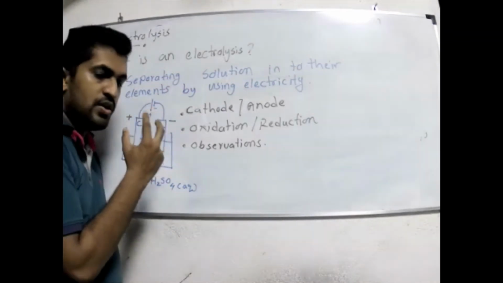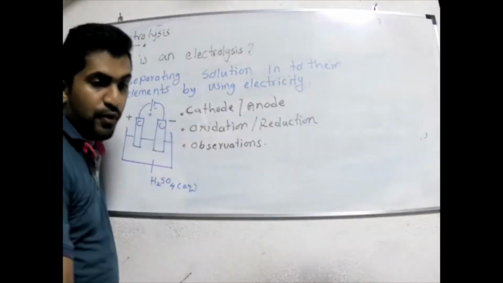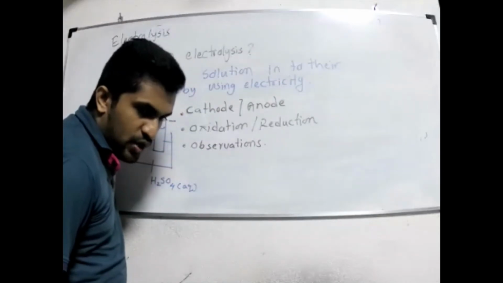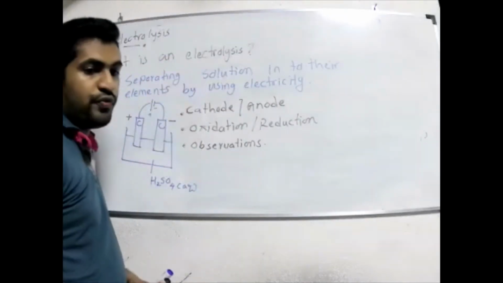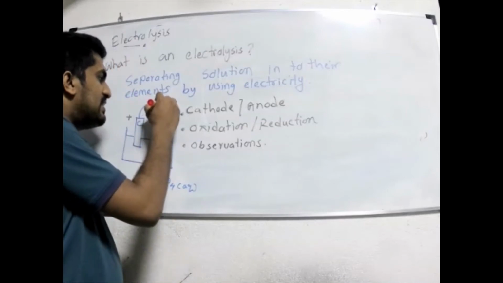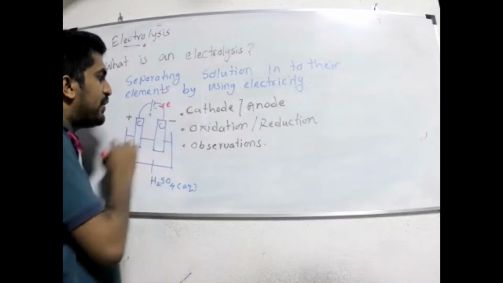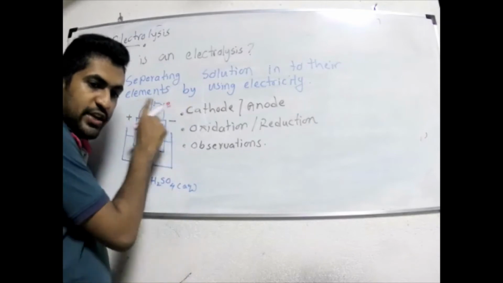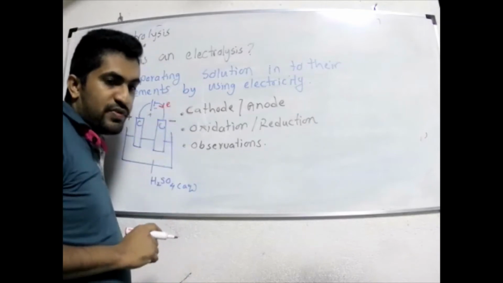Here, you have to consider the flow of electrons of the external cell. That external cell flows electrons from negative to positive. So the negative terminal is the pump of electrons of the cell.